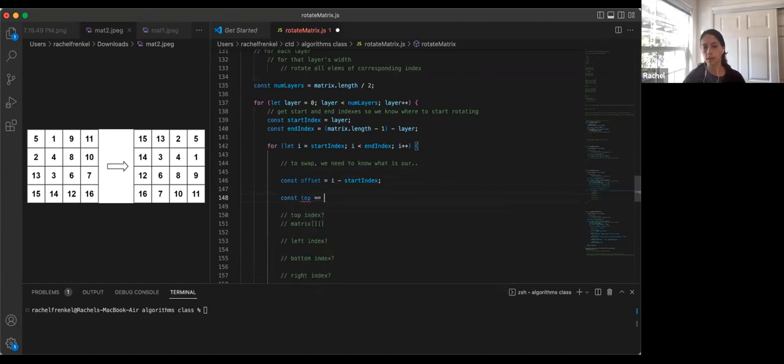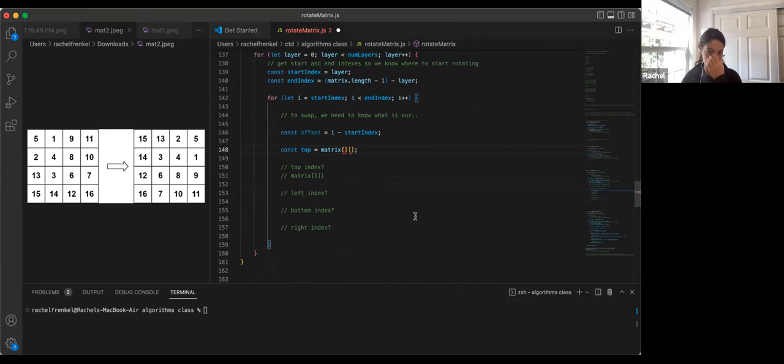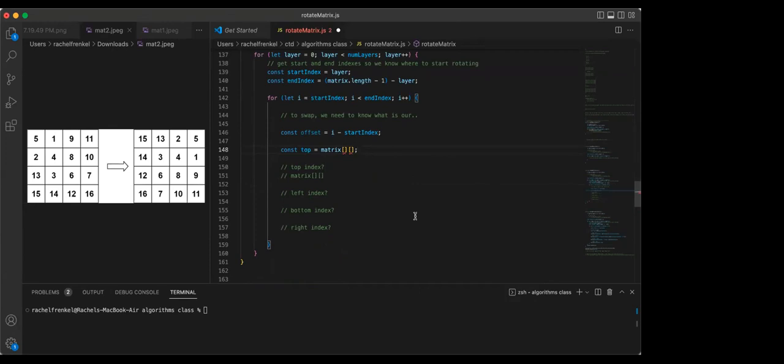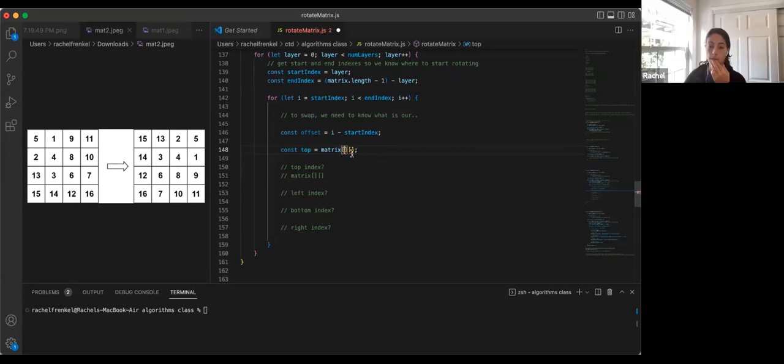So let's save the top index. Okay, so what is that going to be? I and offset. One of them is going to be I.